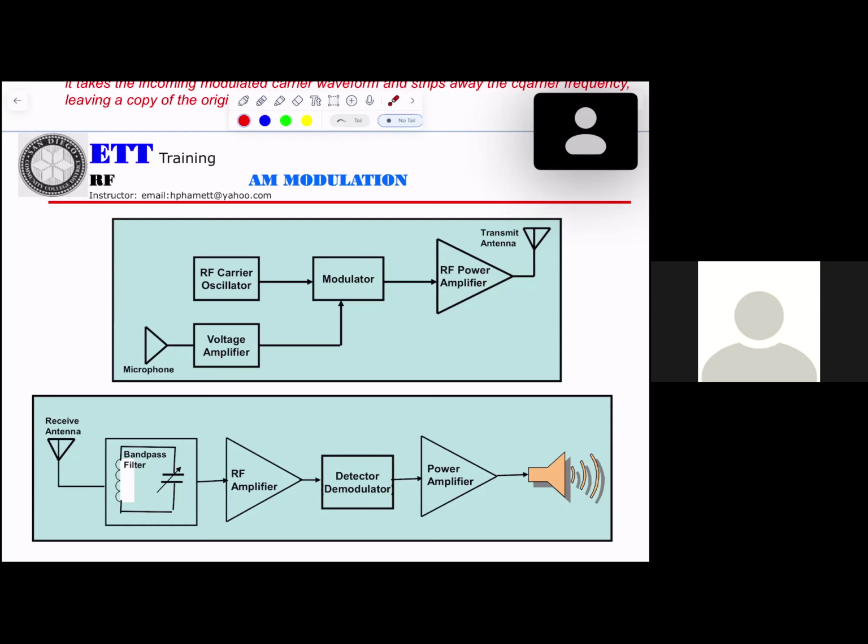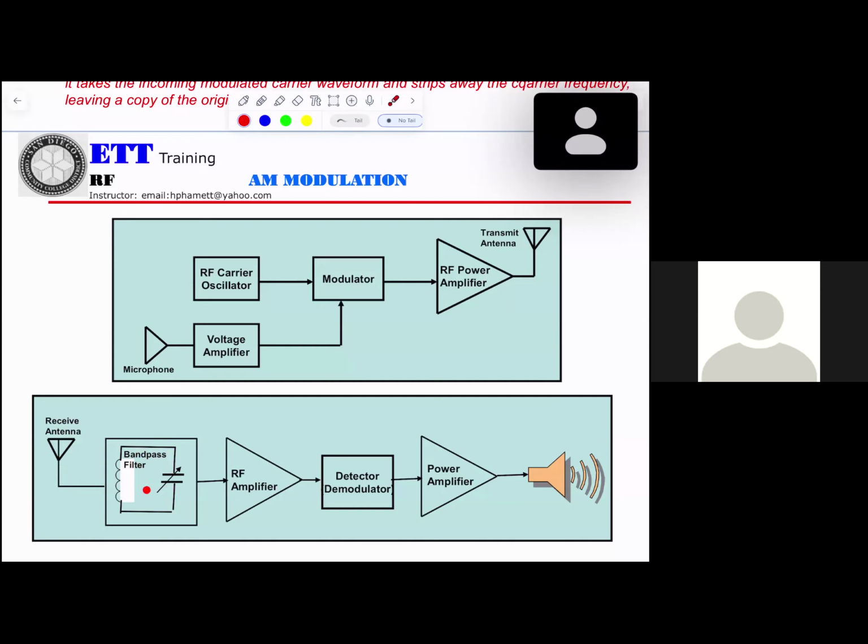That is the picture for the transmitter. The second picture is for the receiver, your radio, your phone, whatever. Basically, the signal is transmitted over the air, and this is the antenna. The signal comes in at the antenna and goes to the band pass filter.